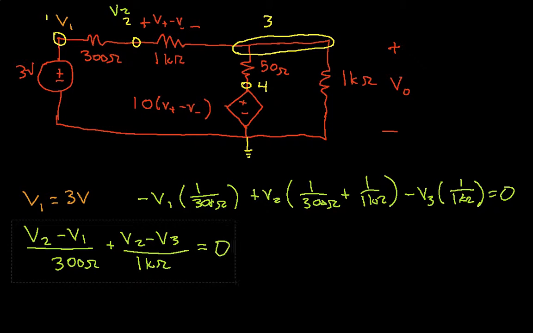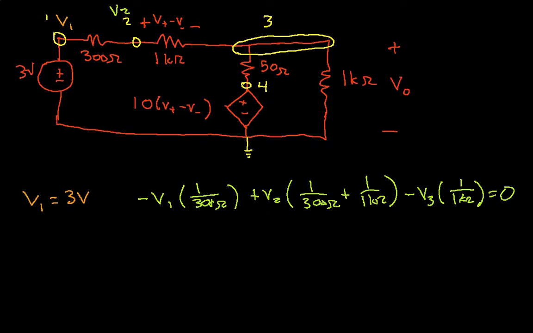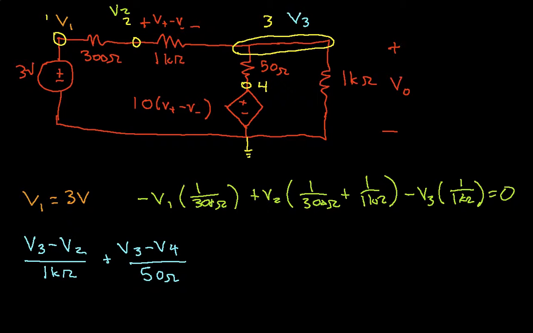Our third equation we'll get at node 3. At node 3, we will have (V3 minus V2) over 1K ohm plus (V3 minus V4) over 50 ohms plus V3 over 1K ohm, and that will be equal to 0.